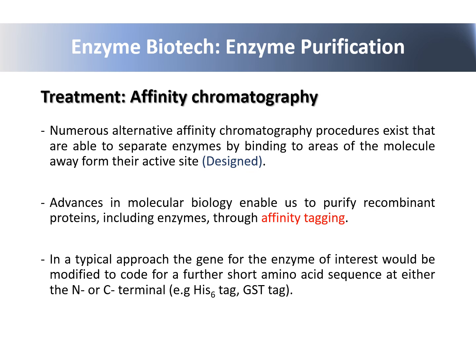Okay, let's get the cursor out. All right, so there are many alternative affinity chromatography procedures that exist. One of them is that you can do tagging, for instance GST or HIS-tag. Let's talk about HIS-tag, because I've used it before, so I'll be able to explain it properly.